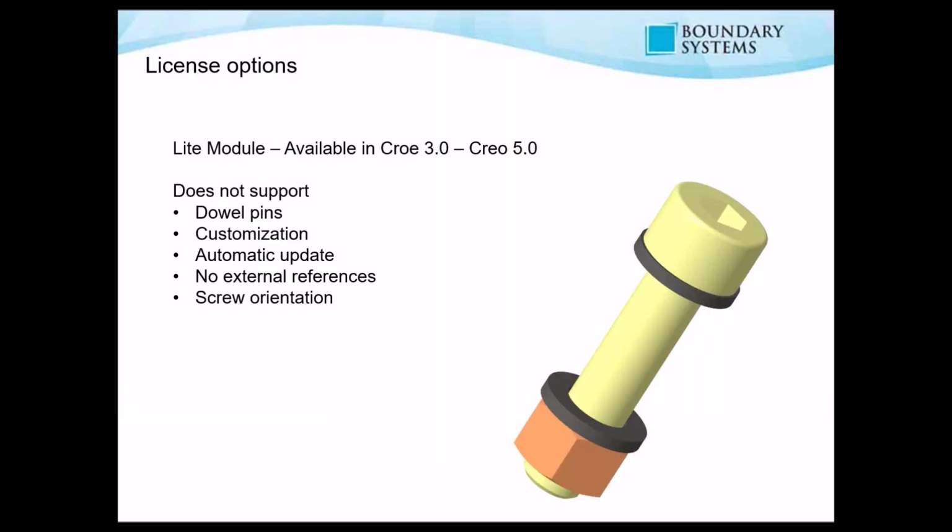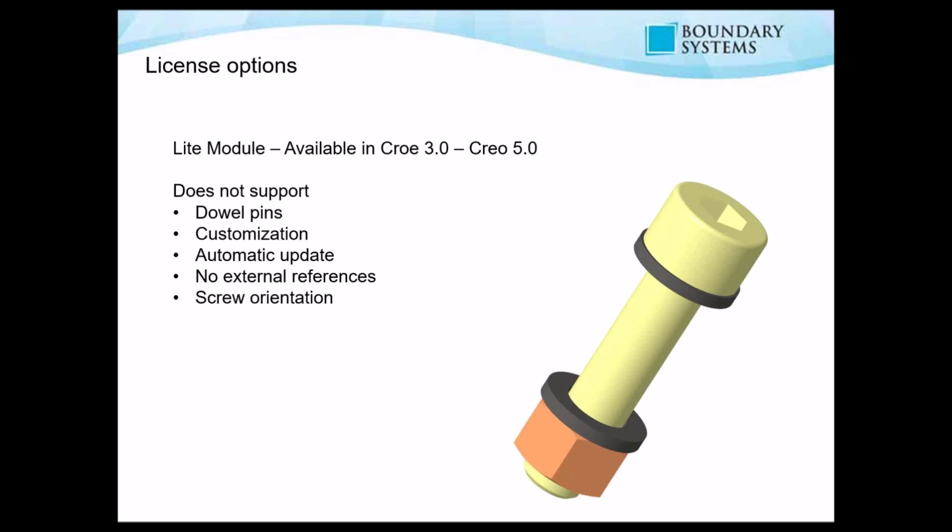Okay, then I've got two slides on the intelligent fastener things. I think it's just important to know that there's two different versions of this. There's a light module that's available. I think it became available in Creo 3, and obviously it's in the latest version, Creo 5, as well. The light module does not support certain things.